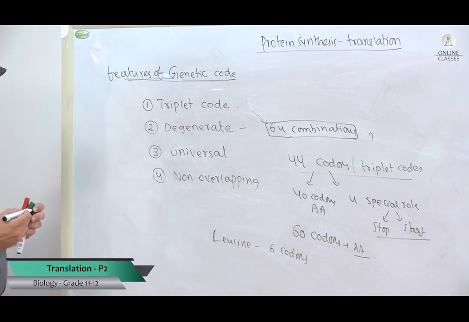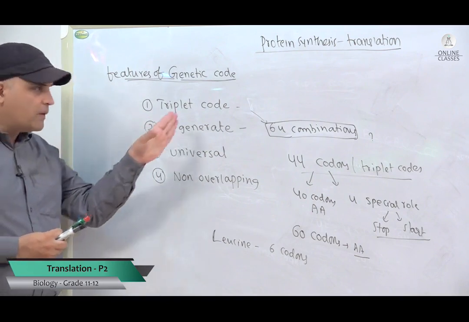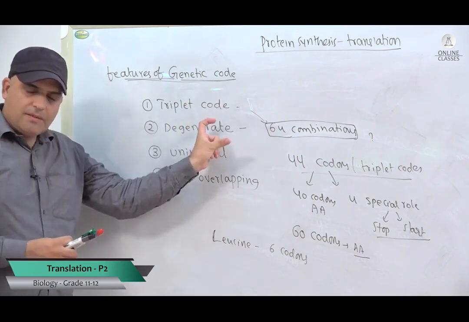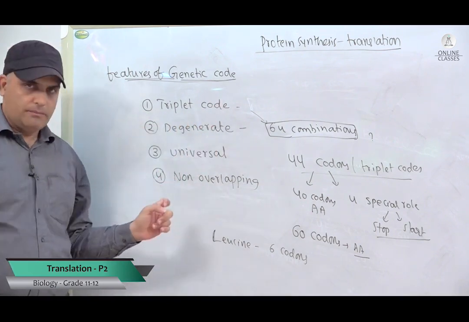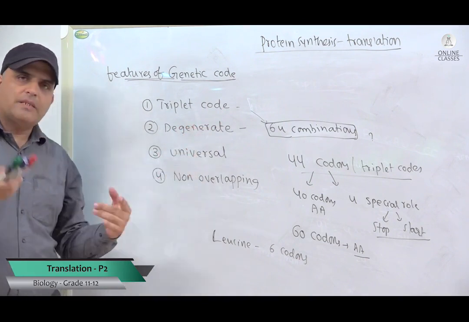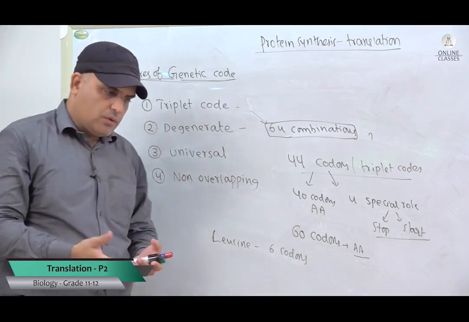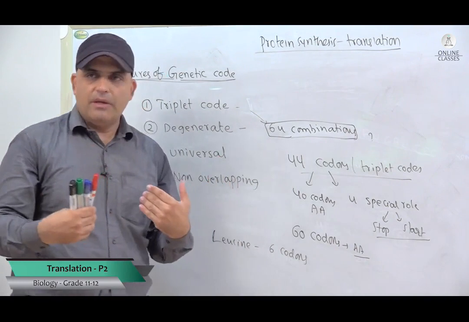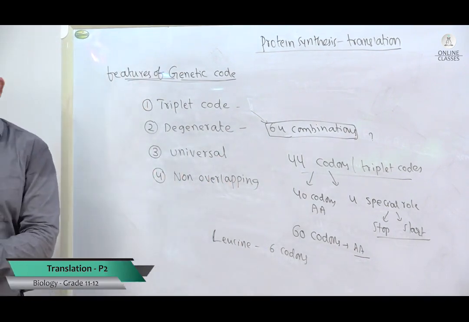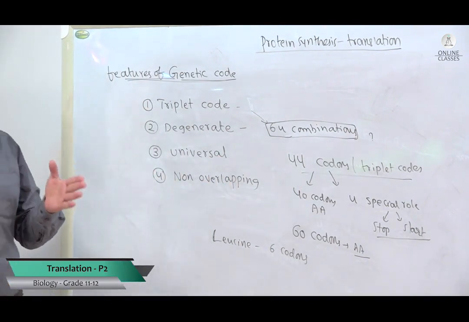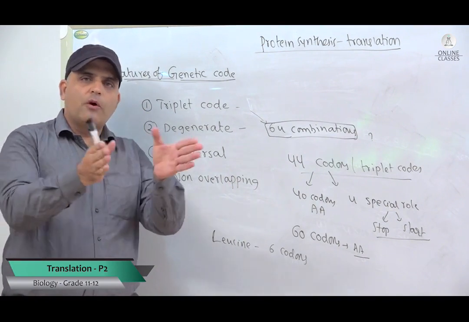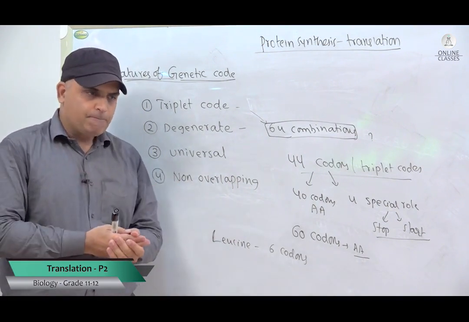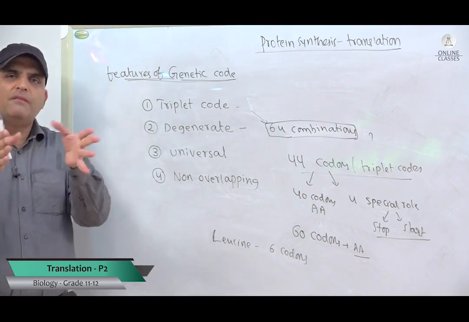So you might say, sir, what is the definition of a degenerate code? Degenerate code means each amino acid has more than 1 codon. To explain in another simple way, let's say I am given 64 names to be given to newborn babies. I went to the hospital, there are only about 20 infants there.